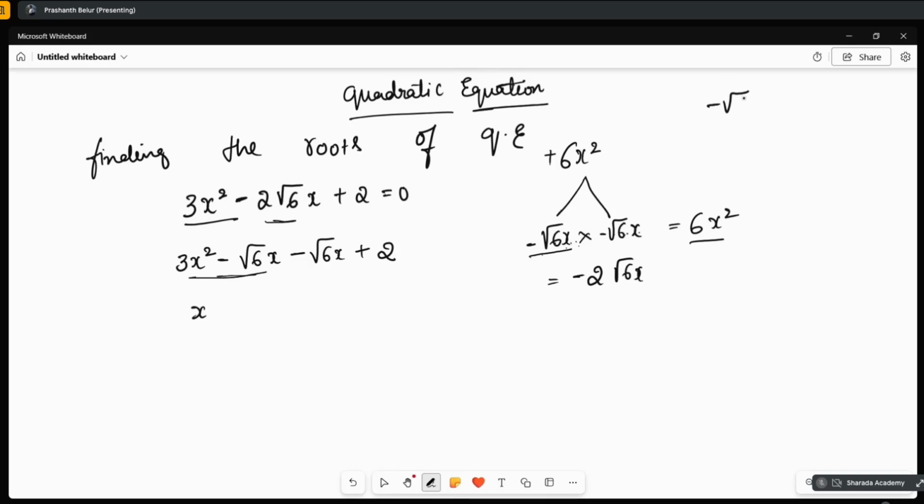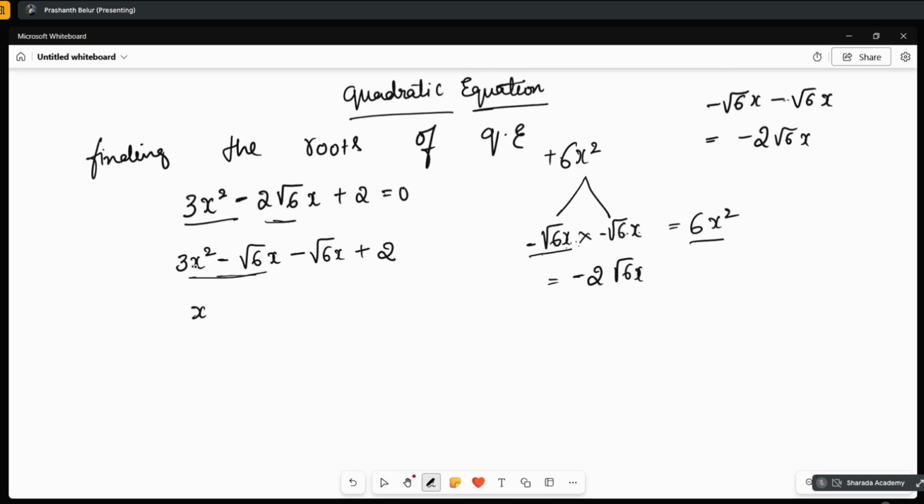That's why minus root 6x minus root 6x: both are minus, so I add the coefficients, minus 1 minus 1 is minus 2, so I get minus 2 root 6x. Minus into minus is plus. Whenever you have the same root and the same variable with the same power, you can add and subtract by just adding the coefficients.